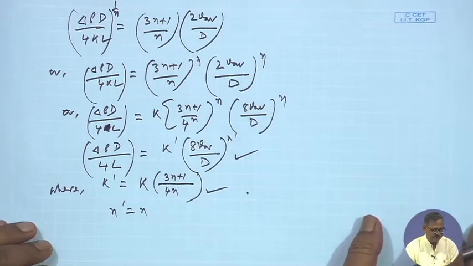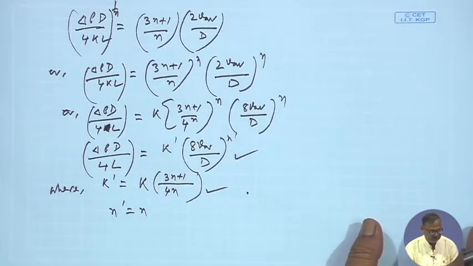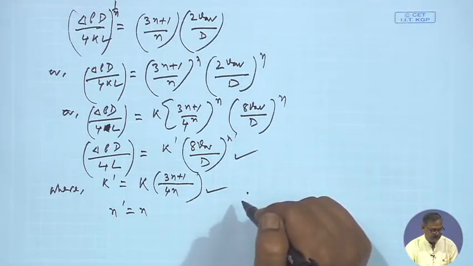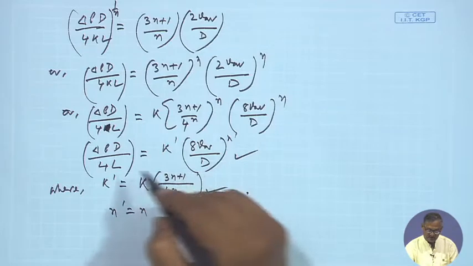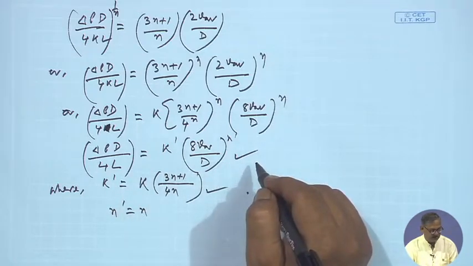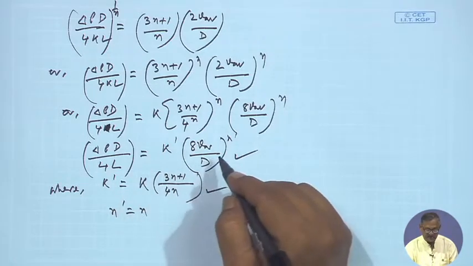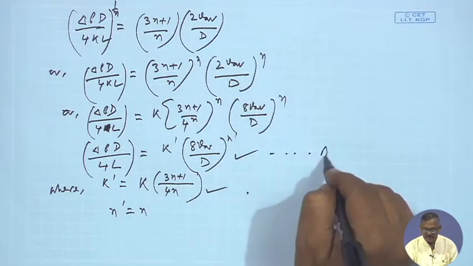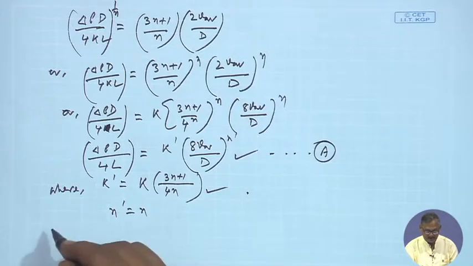Now in this equation, delta p d by 4 L is equals to k prime into 8 V average by d to the power n prime. Say this is equation A.